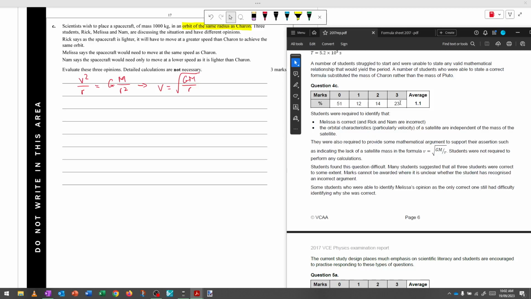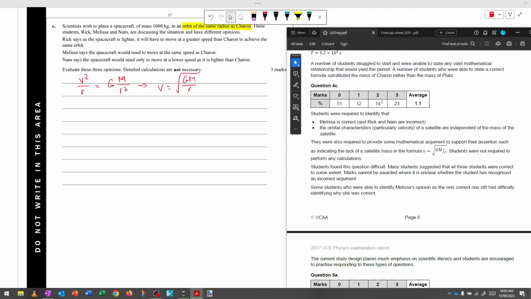Now have a look at the marking allocations. More than 50% got 0. Many students suggested that all 3 students were correct to some extent. You can't be awarded marks when it's unclear whether the student has recognized an incorrect argument. Some students who were able to identify Melissa's opinion as the only correct one still had difficulty identifying why she was correct.